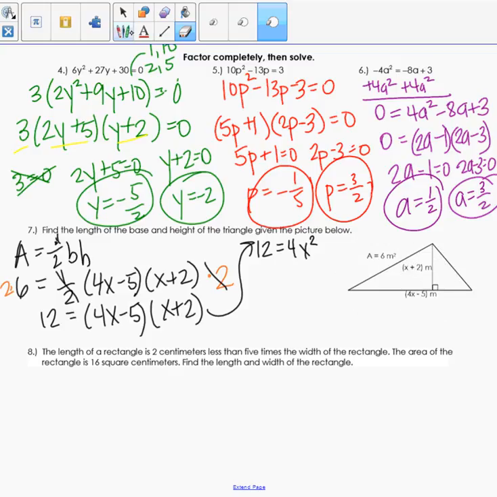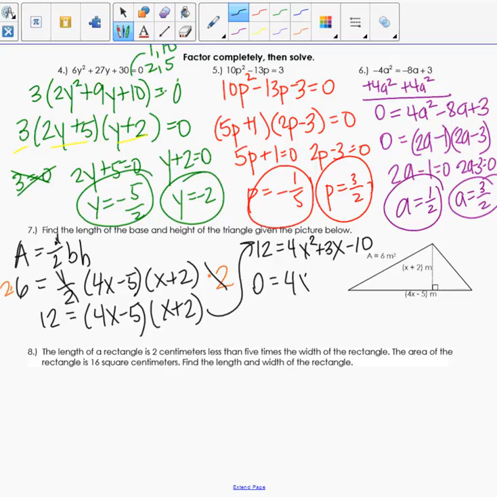There we go. 4x squared. Then I get 8x minus 5x is a positive 3x, and -5 times 2 is -10. Now, I'm going to subtract 12 from both sides and get 0 equals 4x squared plus 3x minus 22.